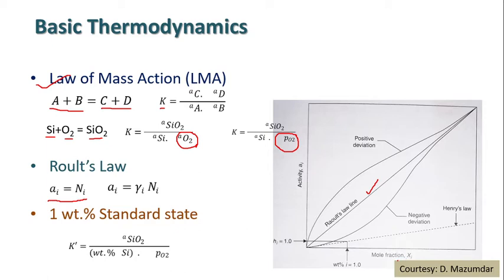Ideal solutions, in practice, are generally very rare. In our iron and steel making, a typical example is iron and manganese, or FeO and MnO. And most solutions in reality exhibit deviation, as shown in the figure, the negative deviation and the positive deviation.